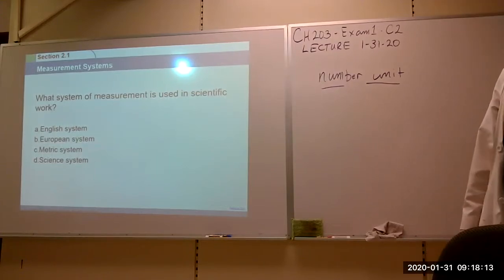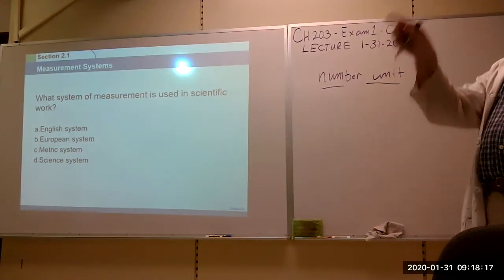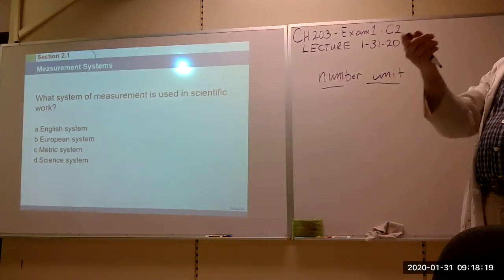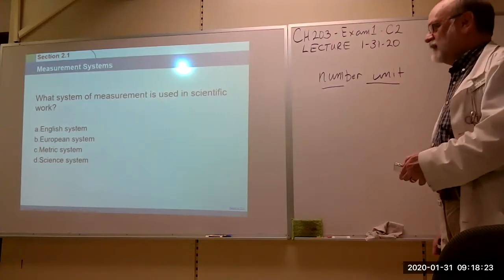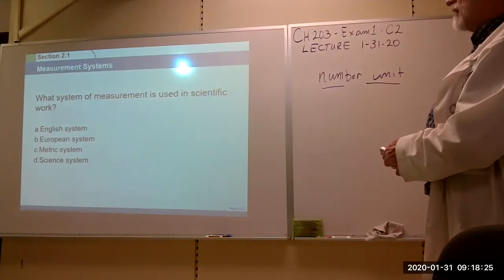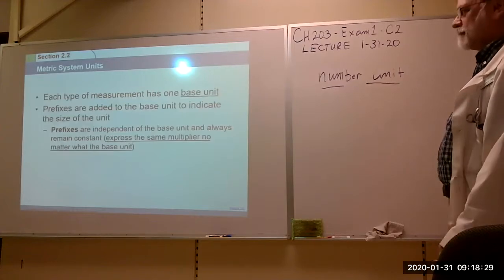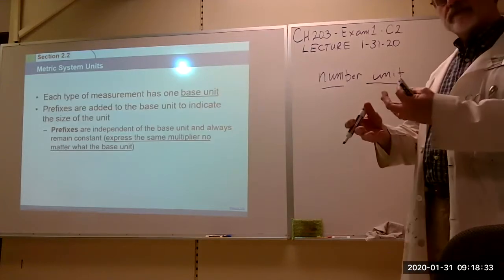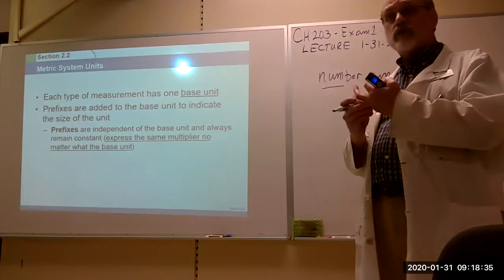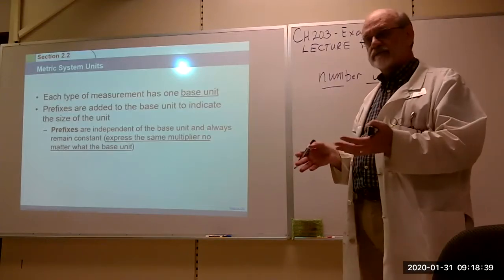And even your cars now, your speedometer has miles per hour, and it also has kilometers per hour on it. Okay, so the metric system is what we use for scientific work. But the units that we choose for the various measurements may be the wrong size.